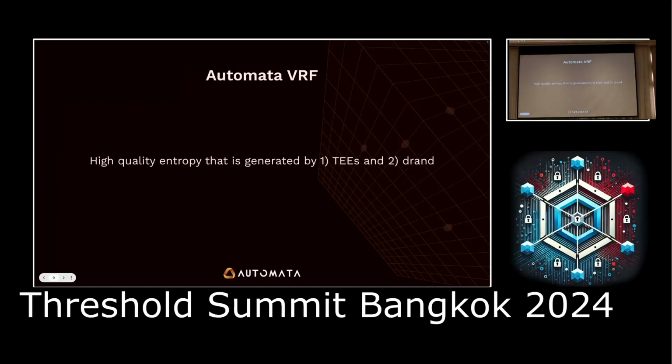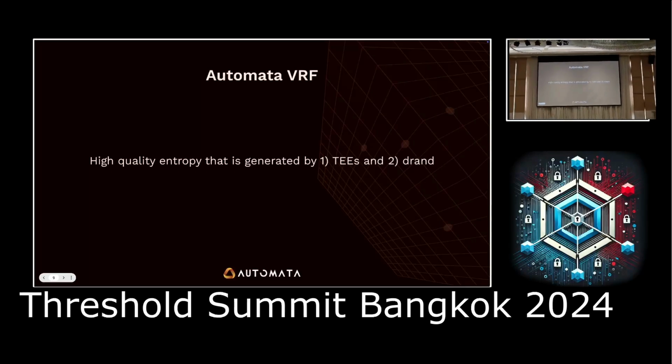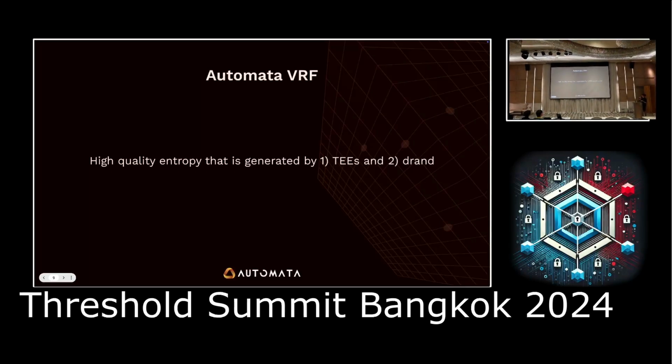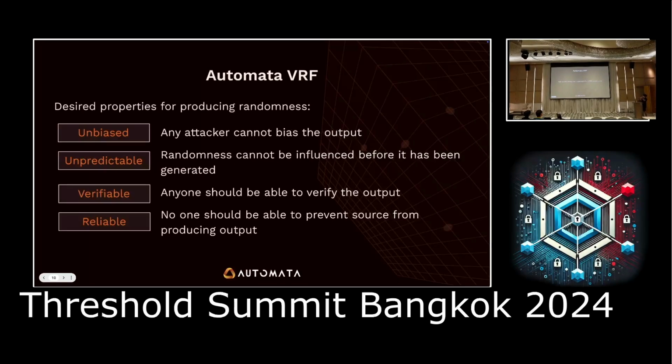So to summarize, the Automata VRF is producing high quality entropy generated by the TEEs and the DRAND. I will talk more about the details. Before we built such a service, we were thinking about what are the most important things for producing randomness.